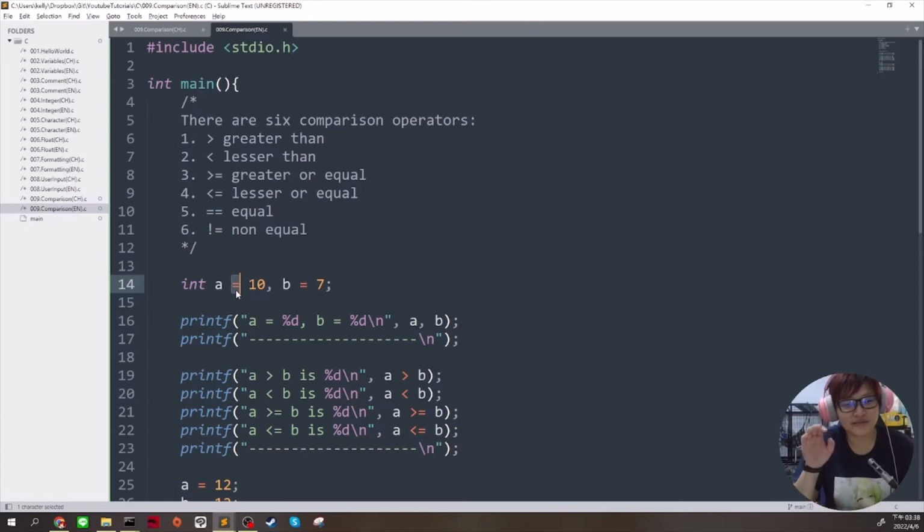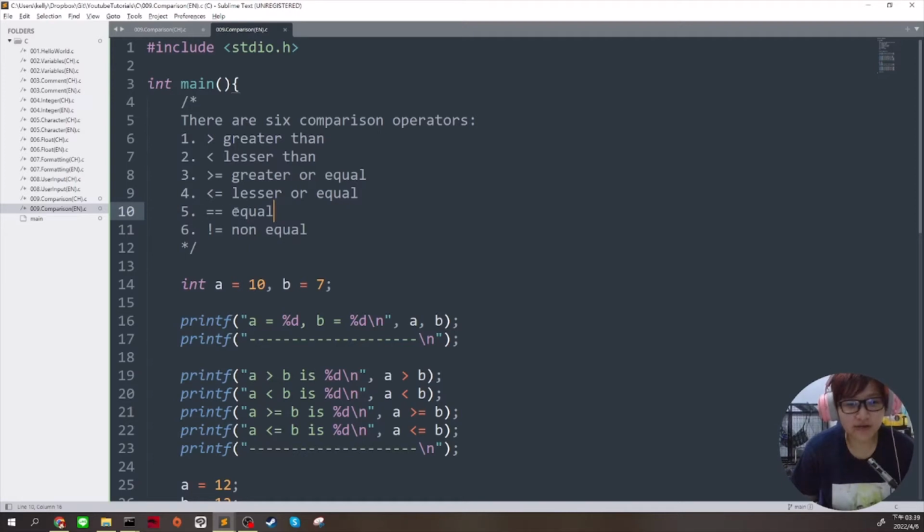It takes the right hand side and assigns it into the left hand side. So we cannot use this operator again in the comparison operators. So the inventors of C decided to use the double equal sign to mean equal.